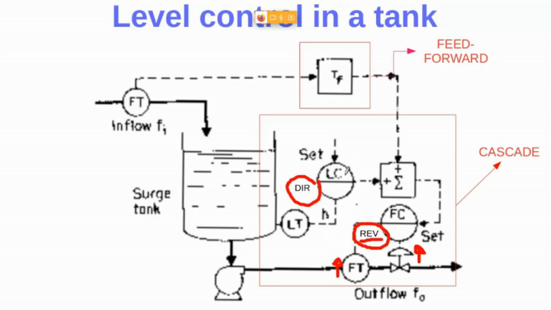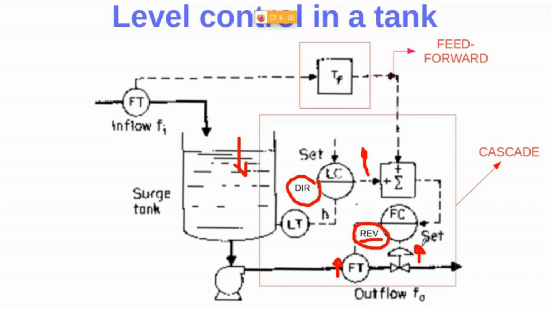But what about the level controller? When you increase the controller action, so when you open the valve, the level in the tank is going down, right? So that's why we have a negative relationship between both variables.